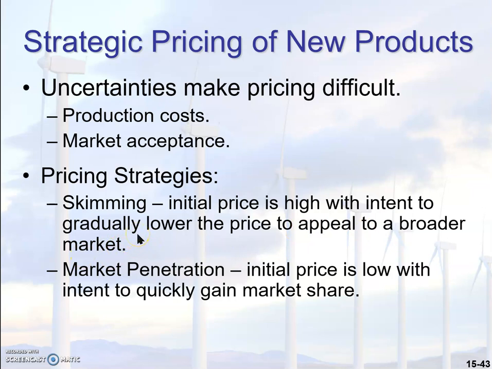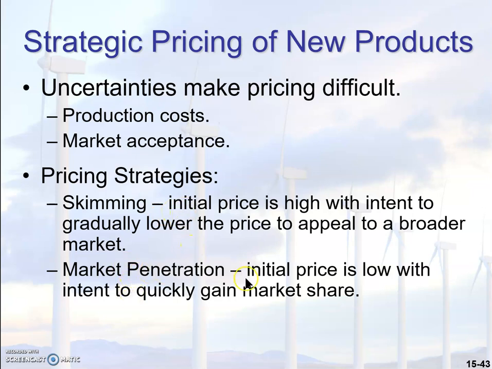This normally happens for gadgets, like handphones. They normally go for skimming, where they introduce a quite high price because they know that a new product launch will have higher market acceptance by the customer.